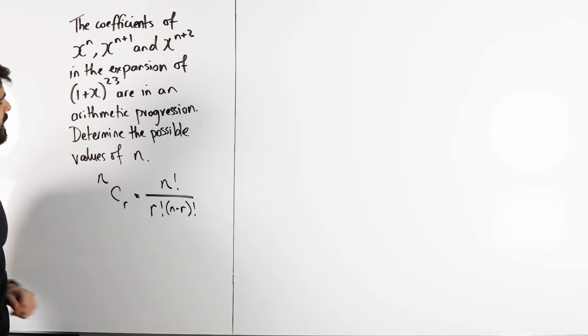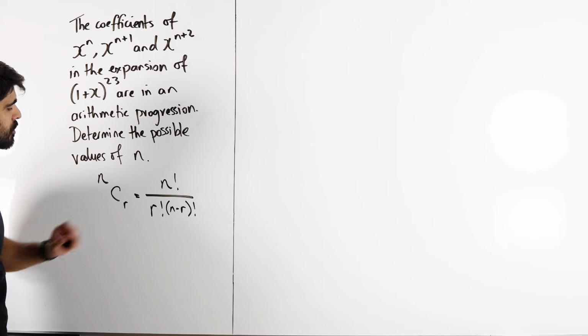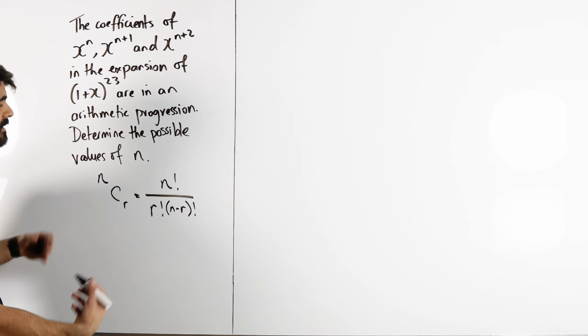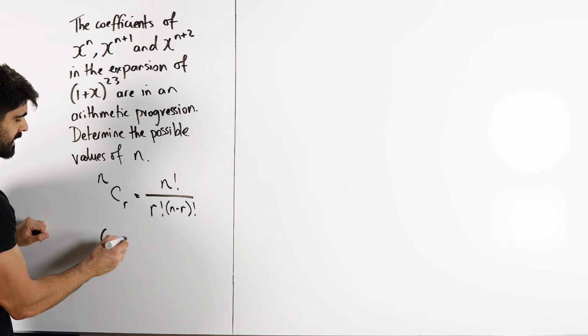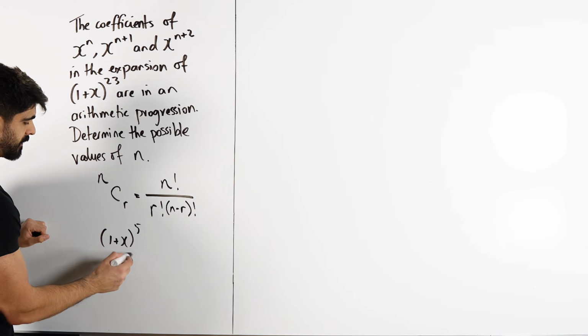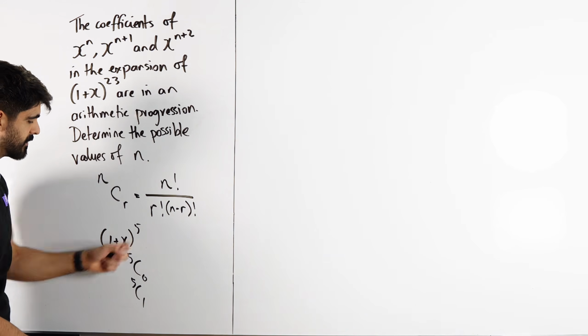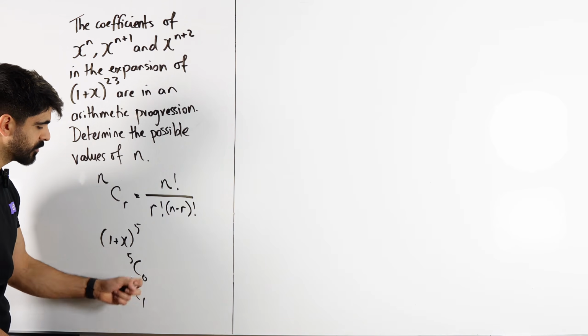Now x to the power of n would be your r. Okay, so the different powers. So remember, if we're expanding, I don't know, 1 plus x to the power of 5, you do 5 choose 0, 5 choose 1, 5 choose 2. 5 is always the power, and this tells you the power of x.